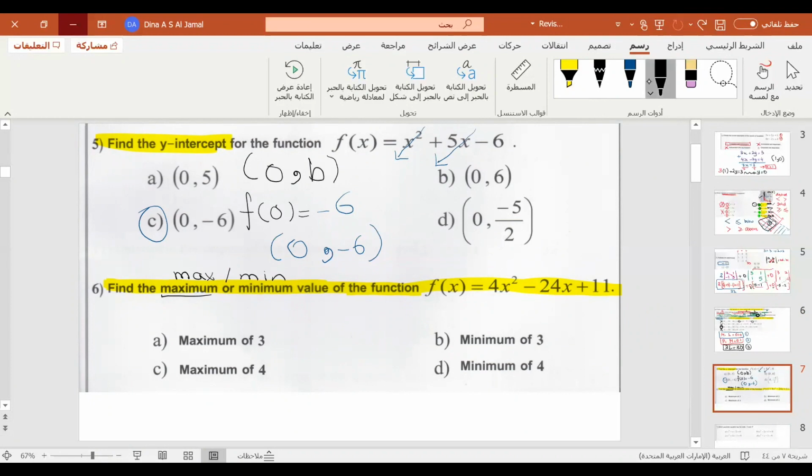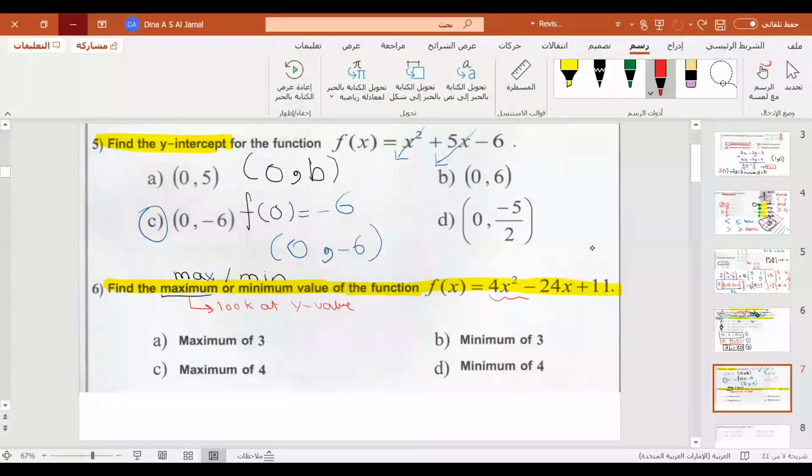And we talked before that whenever you would like to find max minimum, you must look at y value. But if he asks you at which this minimum or maximum happens, that means you should choose your x value. So let's deal as if I don't have multiple choice, and let's solve it.